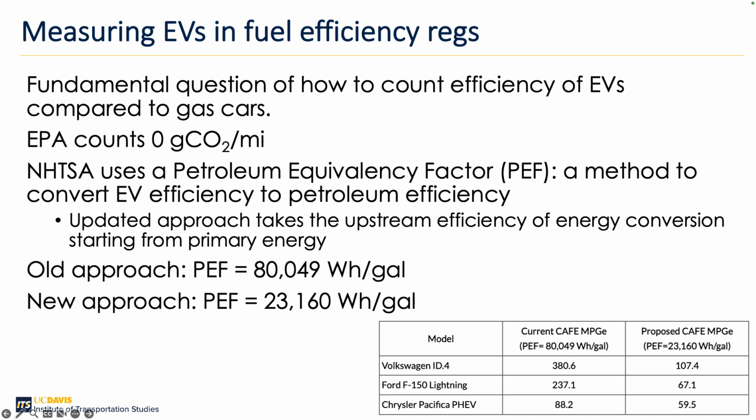The Ford F-150 Lightning used to be 237 MPGE, and now it's 67.1 MPGE, right? So the miles per gallon equivalents were deflated a lot once you account for efficiency losses in that conversion.